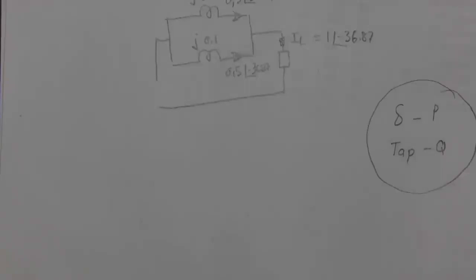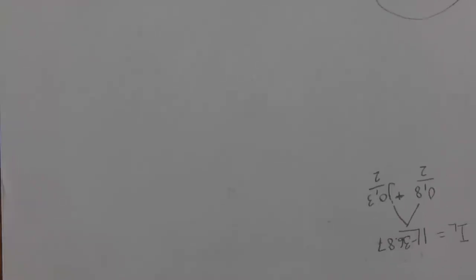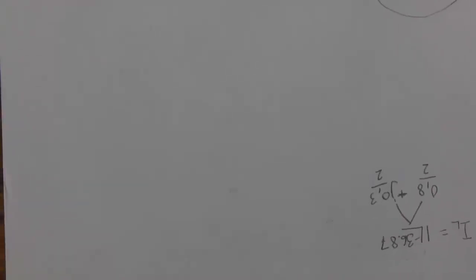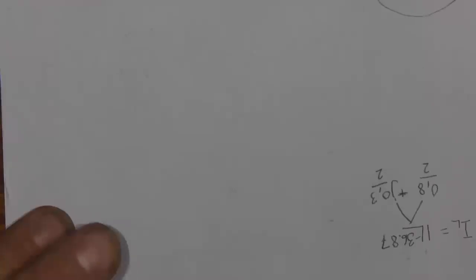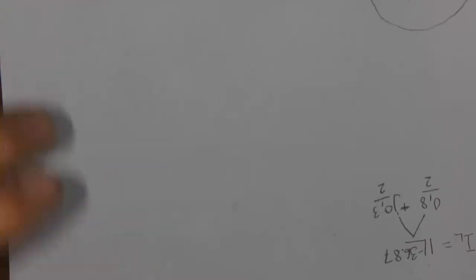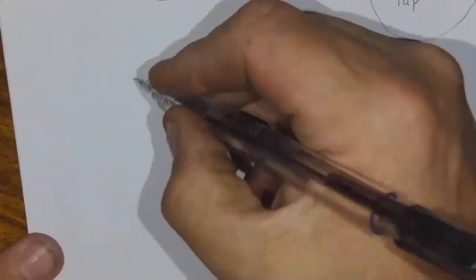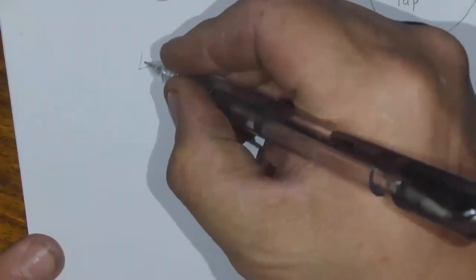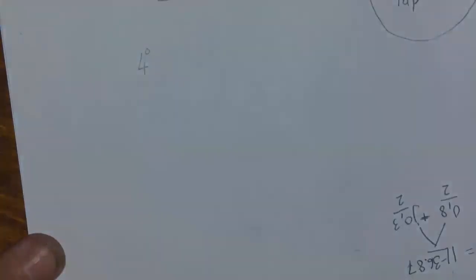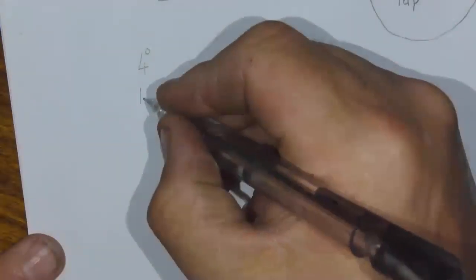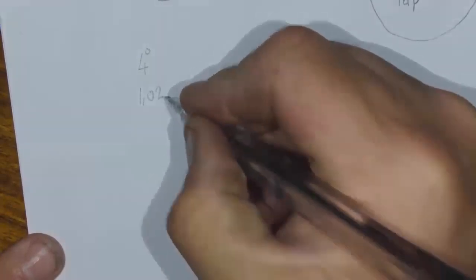Right, these are the two things that I can ask you in the exam. Either phase shift or a tap change. What I want you guys to go and do, mathematically only, because it doesn't work like that in practice, is let's say we've got a 4 degrees phase shift and a 2% tap change.